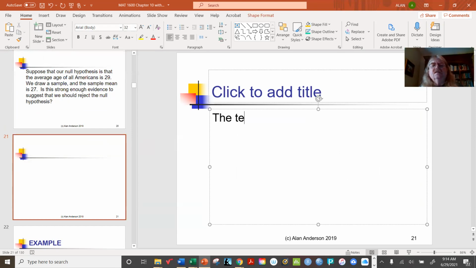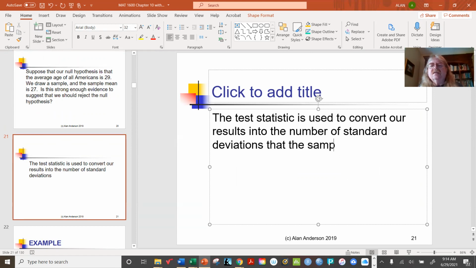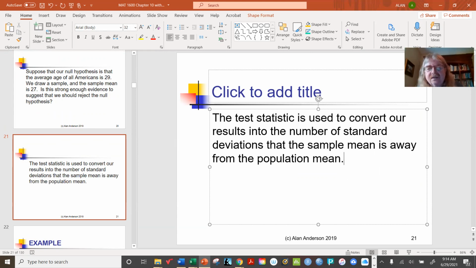So what we do instead is the test statistic is used to convert our results into the number of standard deviations that the sample mean is away from the population mean. So we don't want to think in terms of years.